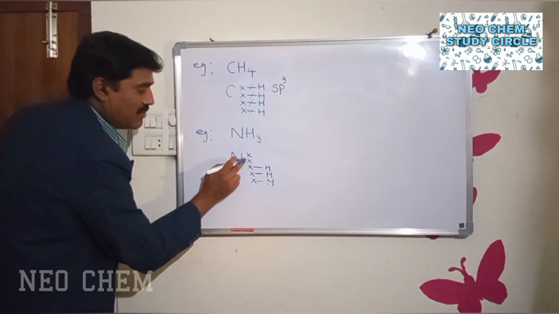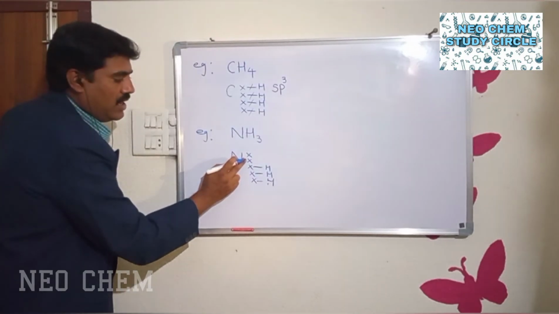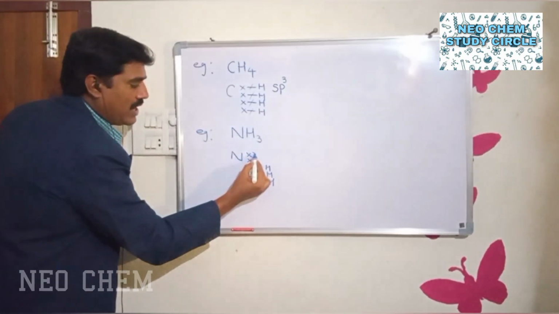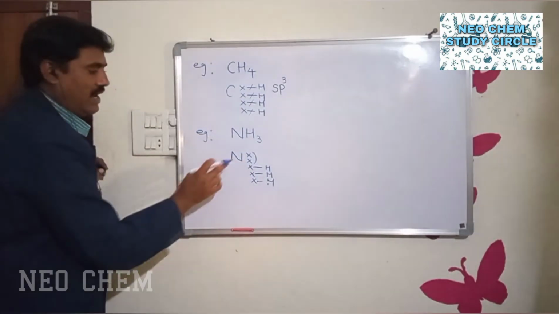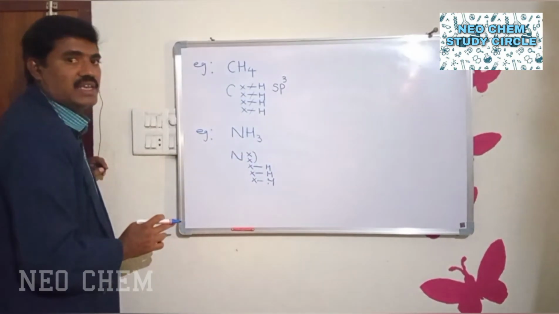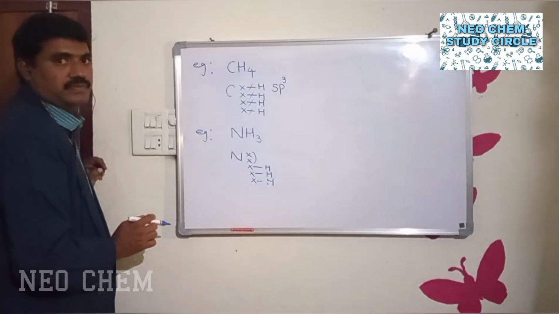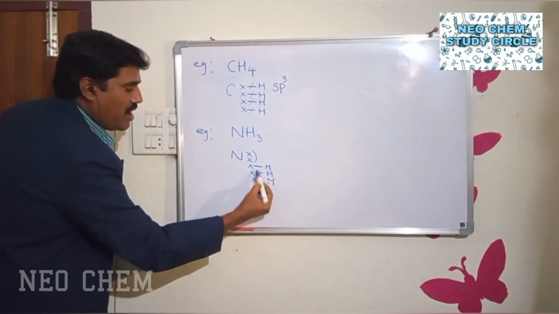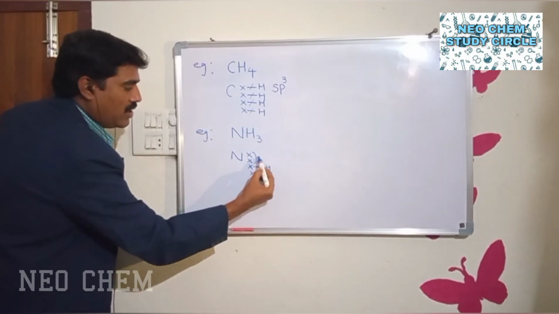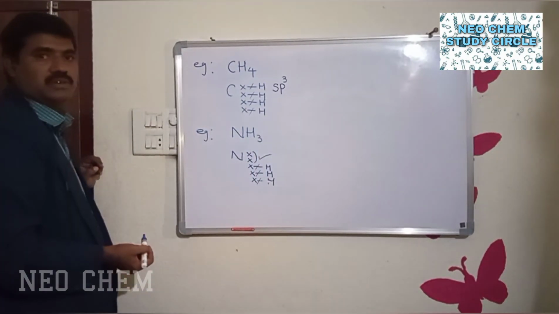The remaining is 1 electron pair. We should put a bracket beside the remaining lone pair of electrons, and it is considered as a sigma bond. So first sigma bond, second sigma bond, third sigma bond, fourth sigma bond.